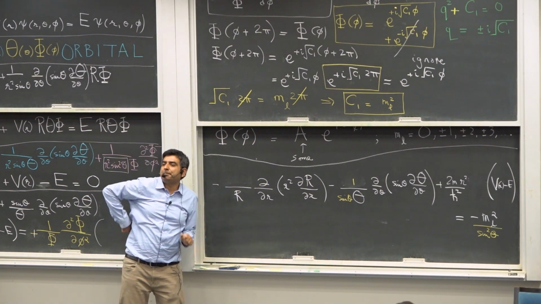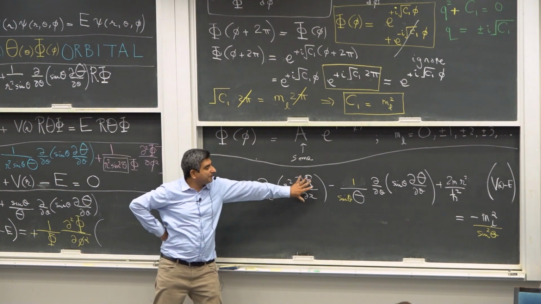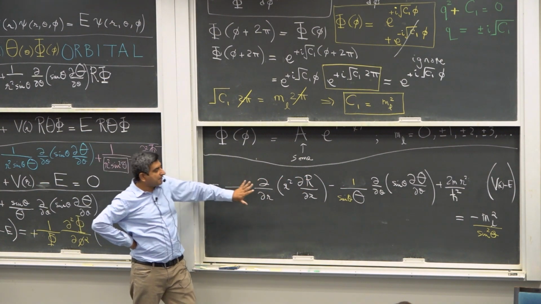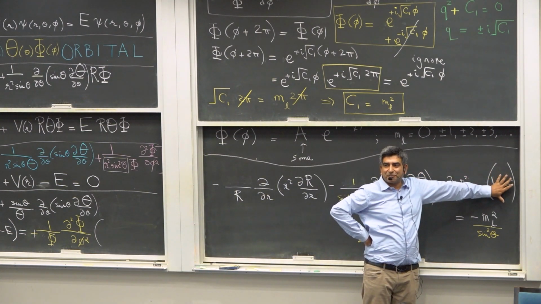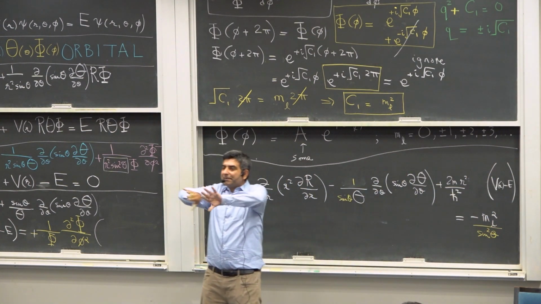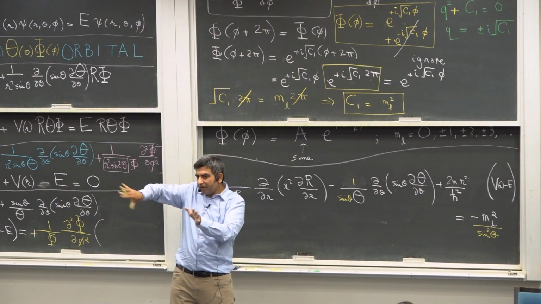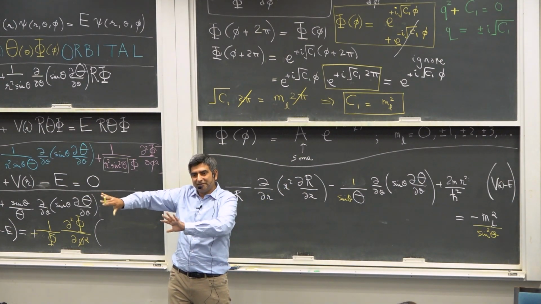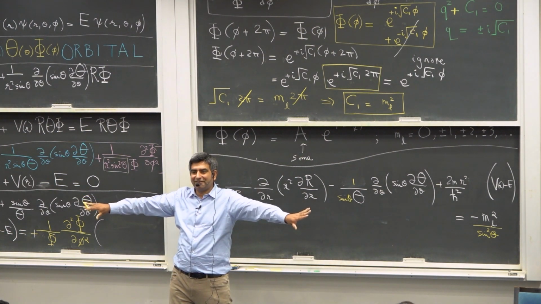What should be my next step? I have a part that only depends upon R, a part that only depends upon theta, a part that only depends upon R, and a part that only depends upon theta. So separate out, shuffle the two terms and bring the R dependent part to one side and the theta dependent part to the other side.